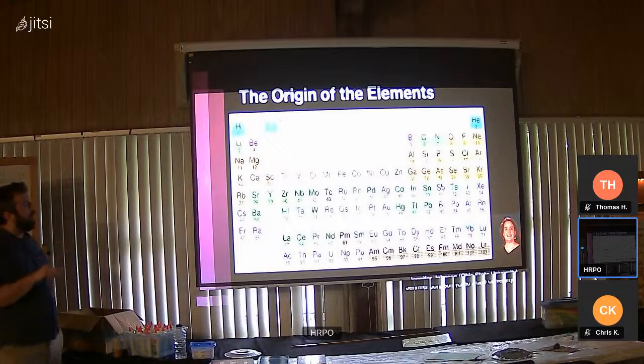Either they're released from dying low mass stars, that's the green elements, so carbon and nitrogen are particularly important ones of those. Exploding massive stars are colored in yellow, so oxygen is mostly created in exploding massive stars.